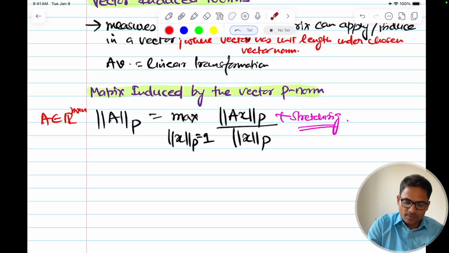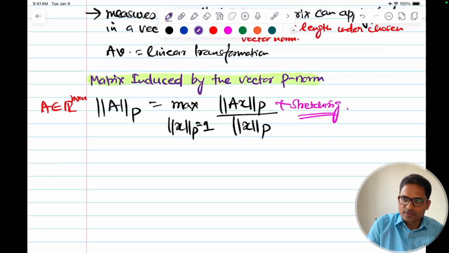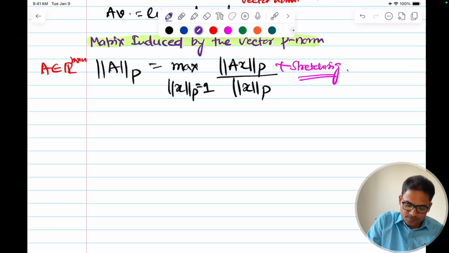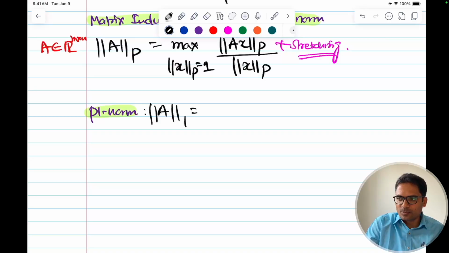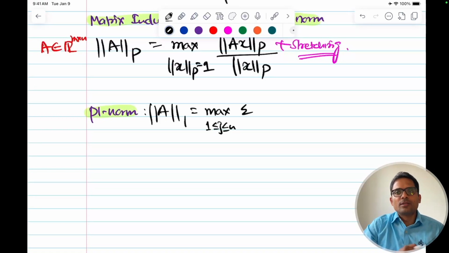Similarly there will be a P1 norm here. So the vector induced P1 norm, we will write as the norm of A with subscript 1, like this. There is a formula for this, and finally it comes out to be the max over 1 ≤ j ≤ n of the sum over i equal to 1 to m of the absolute values in column j. You sum all the columns and find the maximum sum column, which column has the maximum sum.